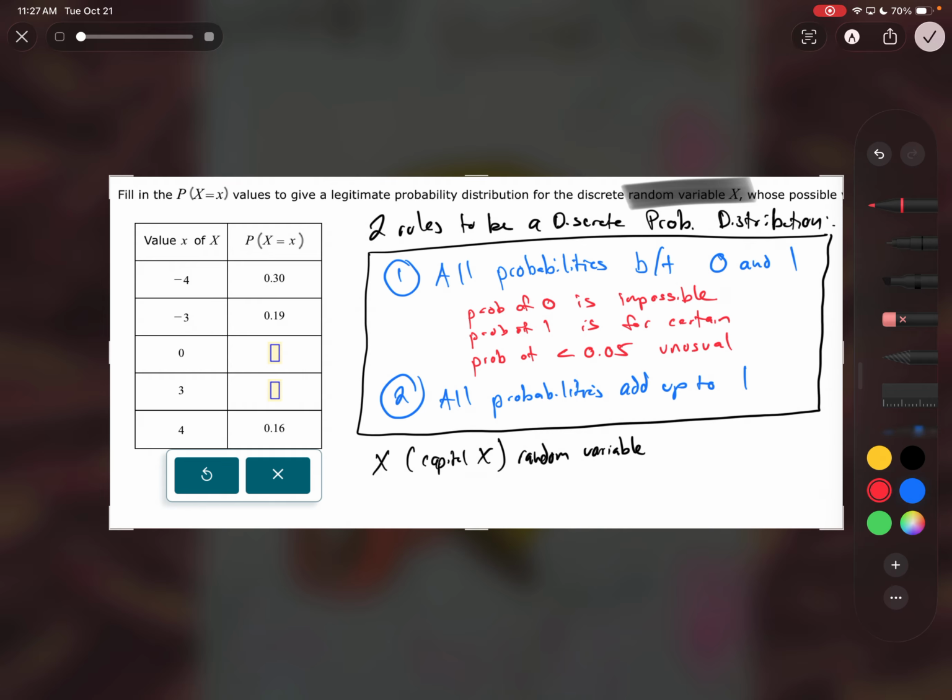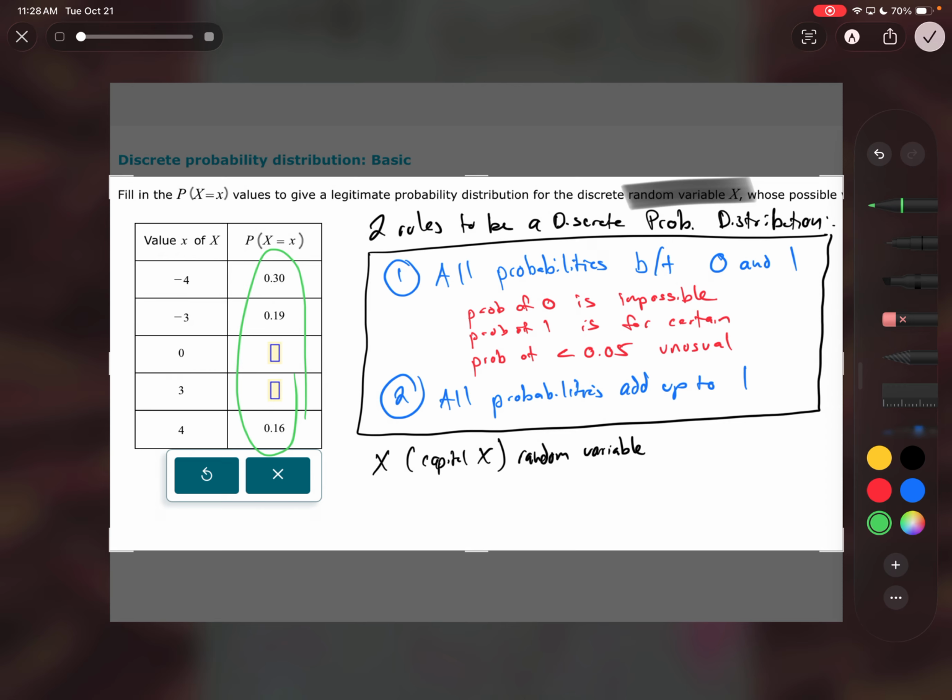All right, now to actually do this problem. The first thing is, to be a legitimate one, all these have to be between 0 and 1. Well, they're all between 0 and 1. They're all positive decimals, so we're good right now. But now I have to come up with two numbers to make it a legit probability distribution.